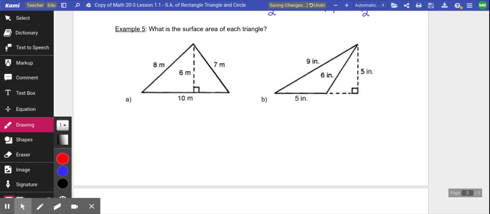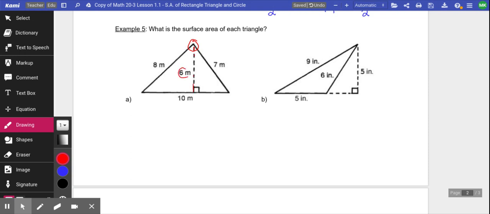My issue with triangles is always which side's the base, because sometimes it's not obvious. This one's a little bit more obvious because it's nice and flat like that, but it's not always obvious. So when you're looking for it, I like to try to find the height first. The height has to be from one of the peaks, see that's a peak, and then straight down to a side length.